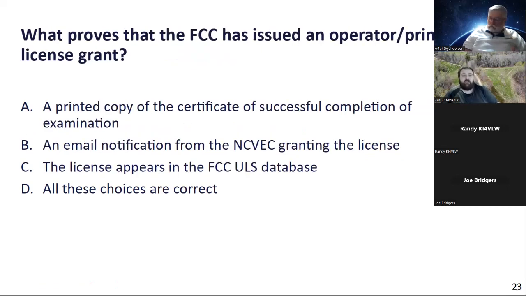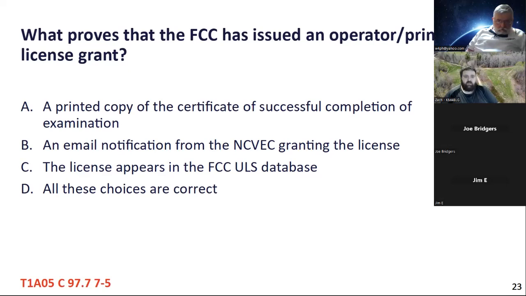What proves that the FCC has issued an operator/primary license grant? Anyone? C. Yep, that's correct, C. So we talked about that database earlier. That's the official record of the FCC. If the FCC doesn't know about it, it doesn't exist.